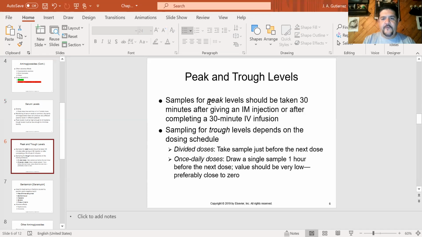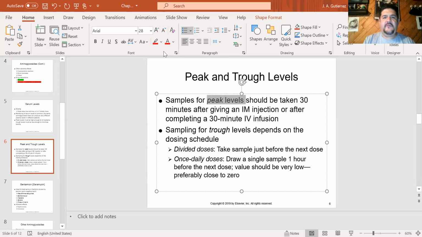So if they ask you for peak levels, it has to be 30 minutes after an intramuscular injection or after completing a 30-minute IV infusion. So once we finish the IV infusion, or 30 minutes after that intramuscular injection, that's when we look for peak levels. So again, a key number here is 30 minutes.